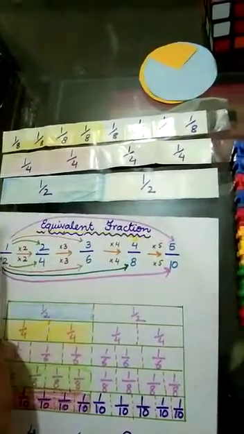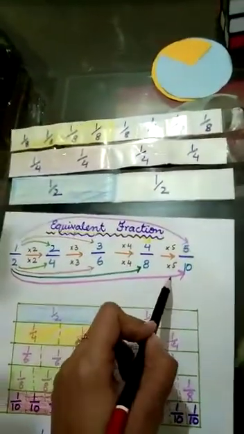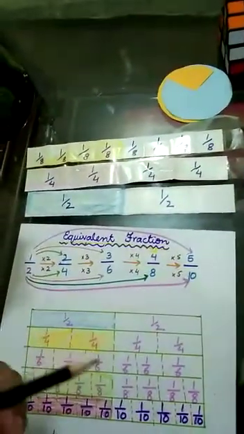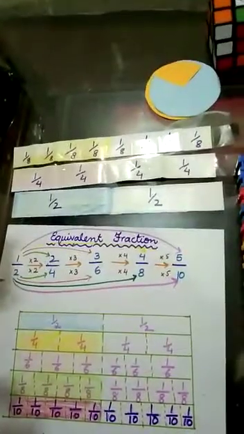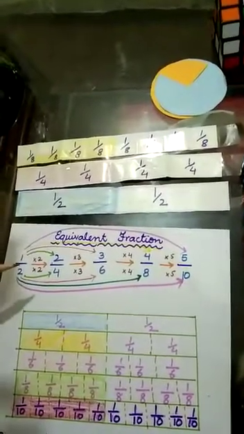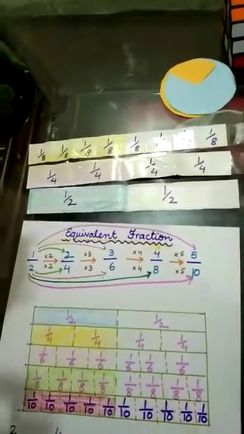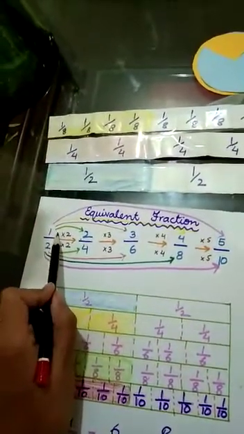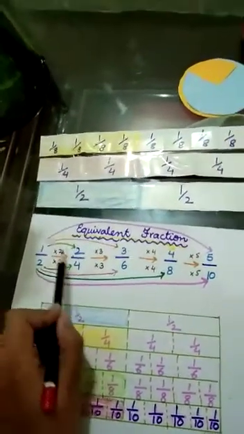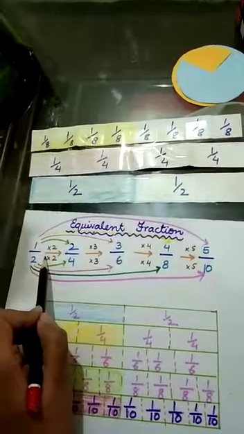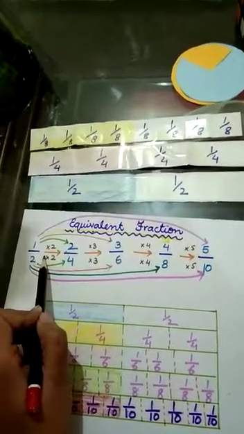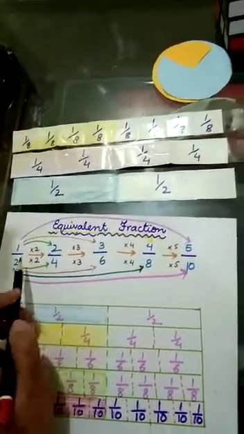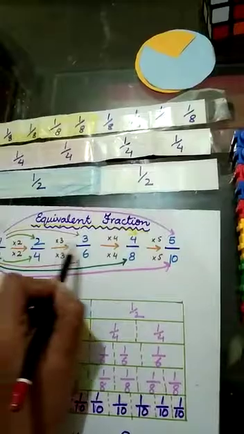For example, if the number is small we will go for multiplication. If the number is bigger, then we will go for division. First I will tell you how to determine by multiplication. If I ask you for 4 equivalent fractions of 1 by 2, what you have to do is first make these bar lines.